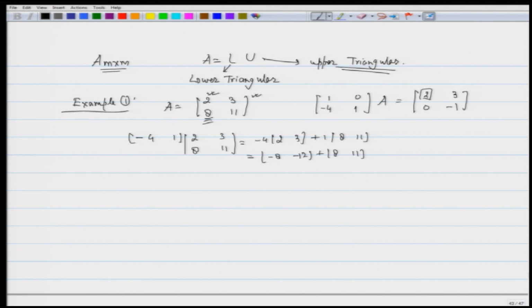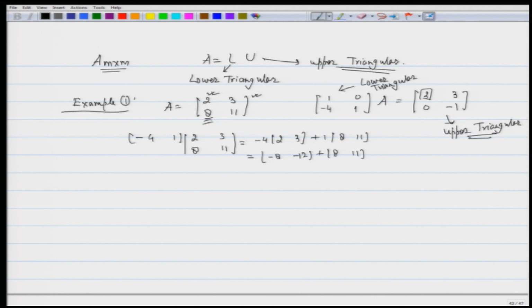So, what we see here is that this matrix is lower triangular, and this matrix is upper triangular. Fine.